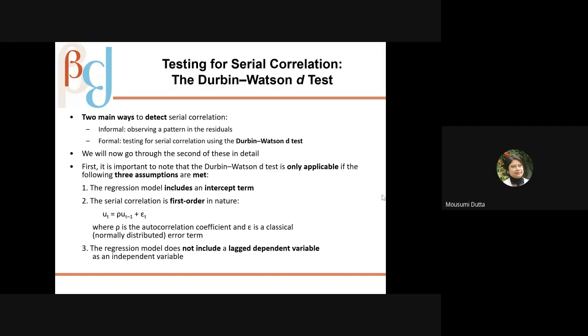Rho is the autocorrelation between U_t and U_t-1, and epsilon_t, as I mentioned, is a classical error. Last day I mentioned, autocorrelation is very common in time series, and therefore we call it serial correlation.